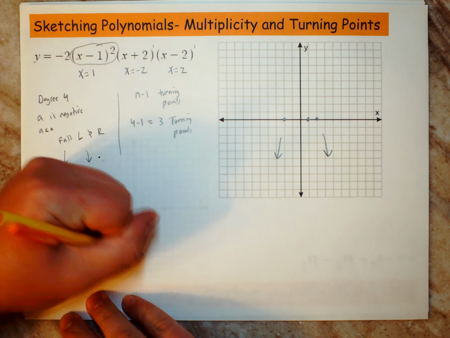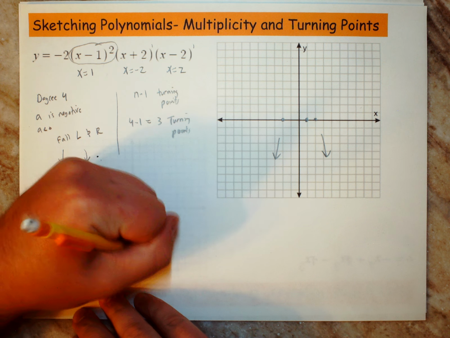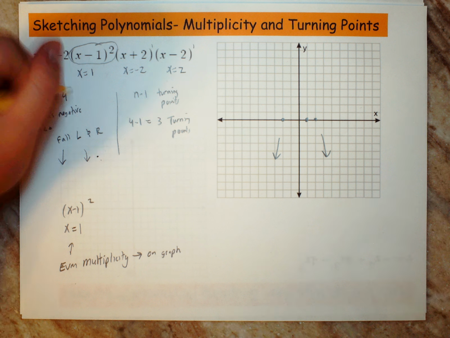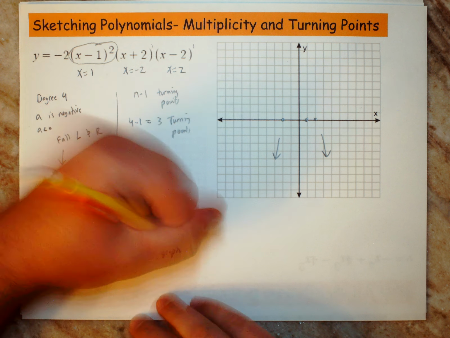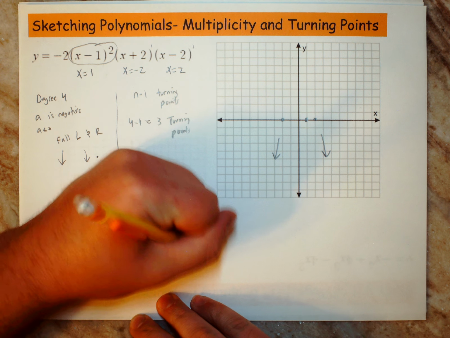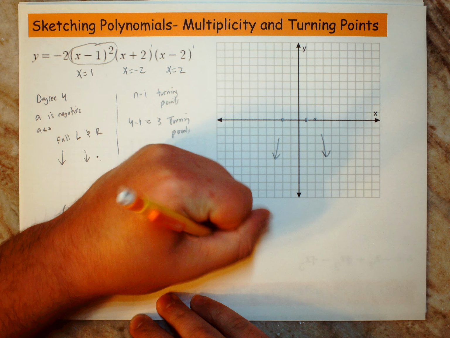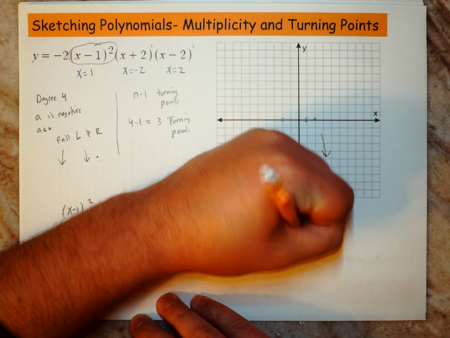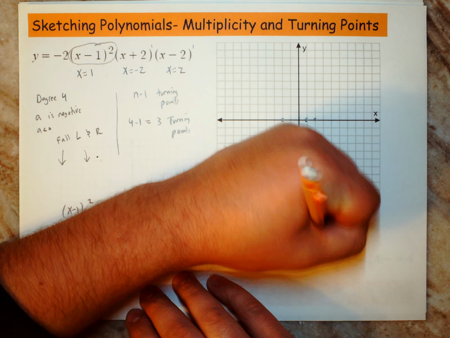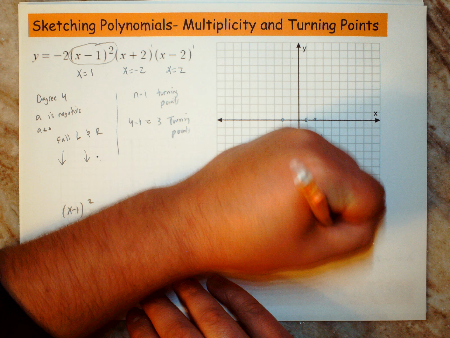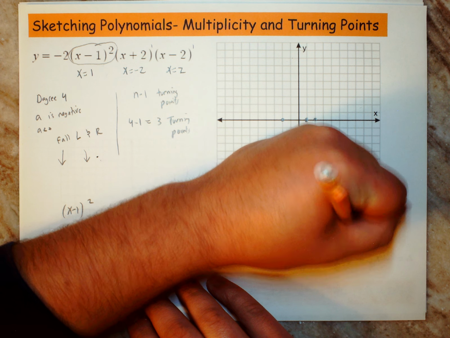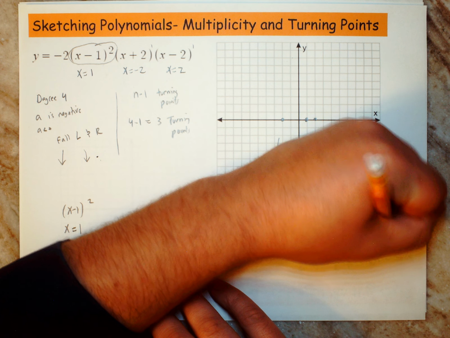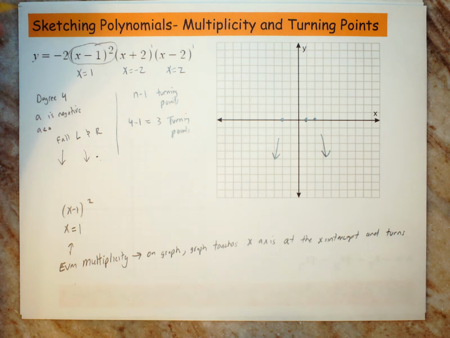So when something has an even multiplicity on the graph, the graph touches the x-axis at that x-intercept and turns.